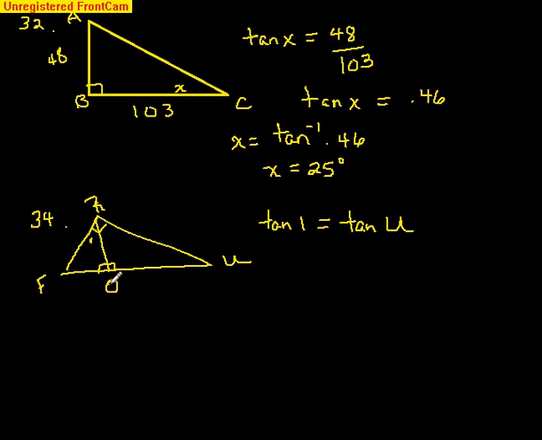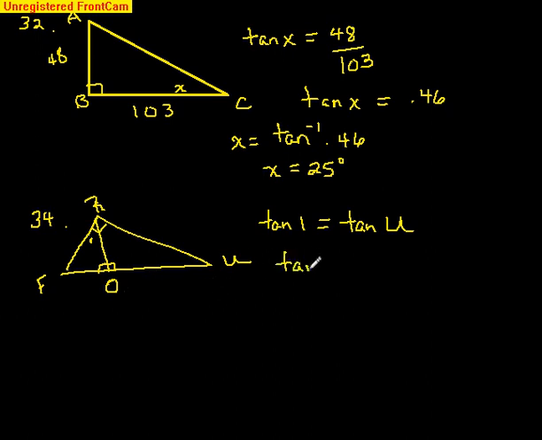So after you get all that, these are right angles because you have an altitude, you can say FOR is a right triangle, ROU is a right triangle, because if a triangle has a right angle, it's a right triangle. Then I would jump right into here.